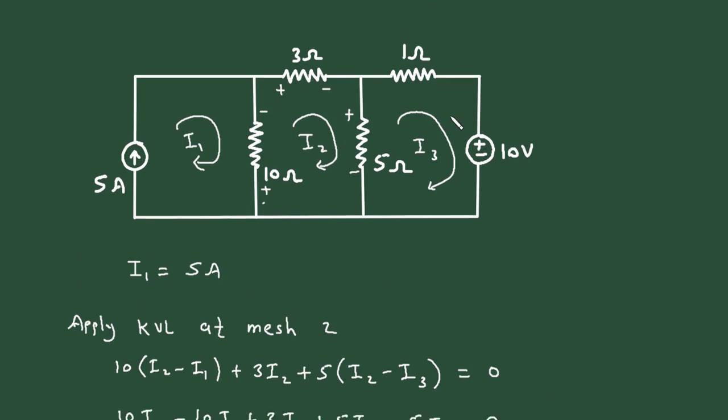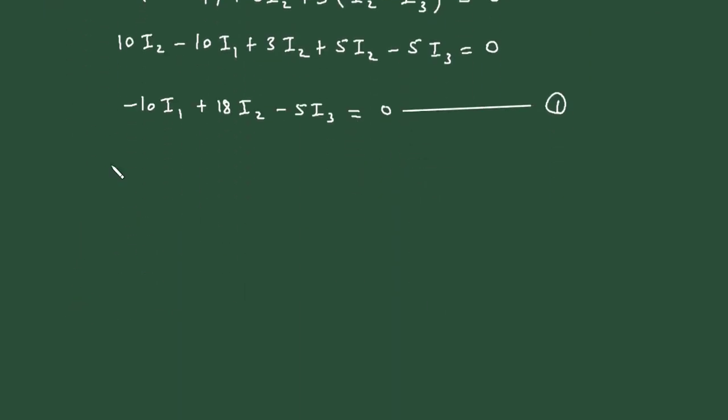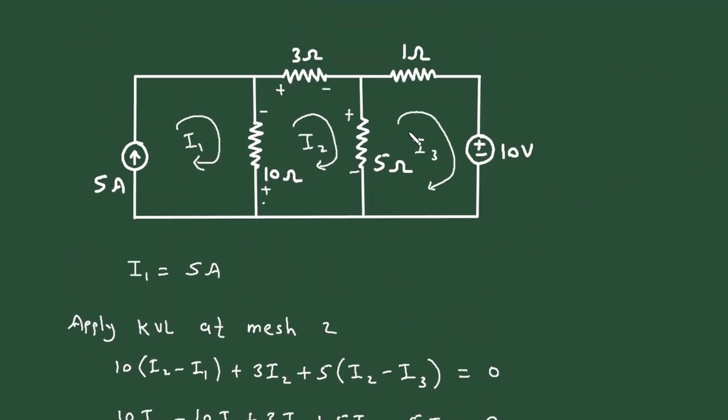Now next we will apply KVL to mesh number 3. According to the direction of this current I3, this will be positive here, negative here, positive, negative. Let's say we are starting from this point, so it will be plus 5.